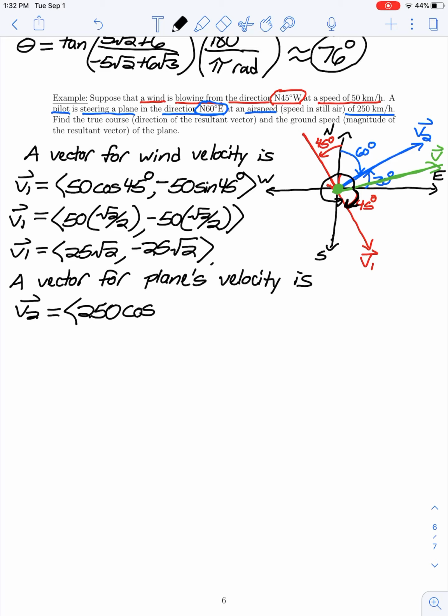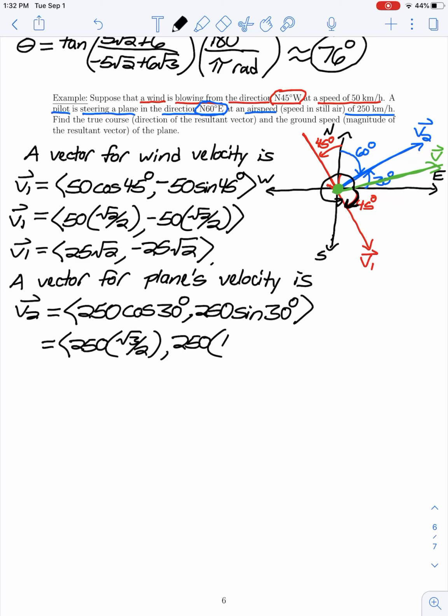And for the x-coordinate, we would multiply by cosine of the angle 30 degrees, and 250 for the y-coordinate, sine of 30 degrees. So this gives us 250 times cosine of 30 degrees, which is root 3 over 2, and 250 times sine of 30 degrees, which is 1/2. So we're left with a vector 125 root 3 and 125.